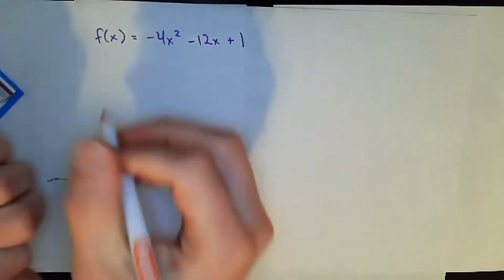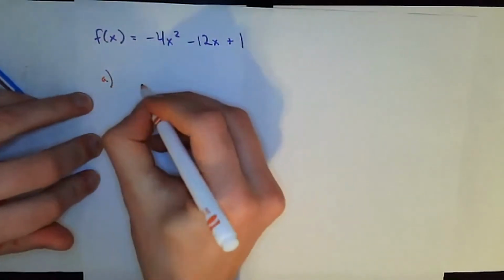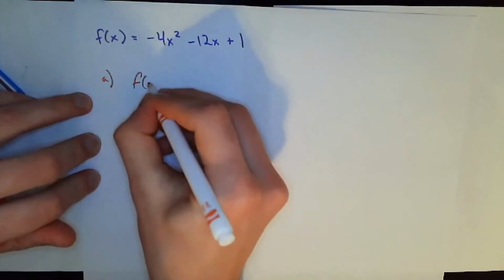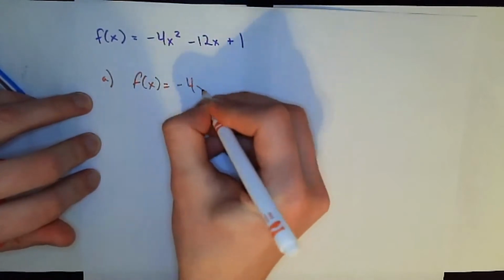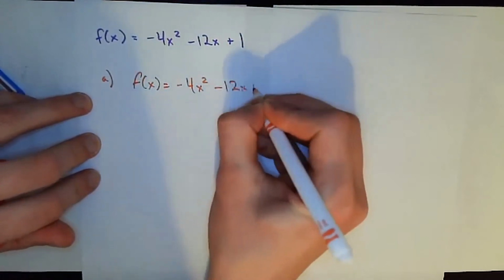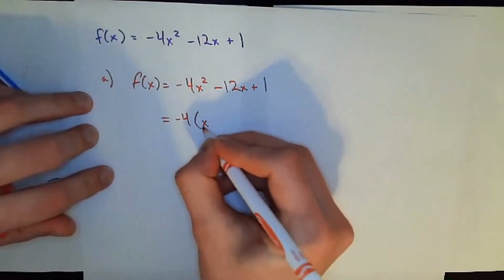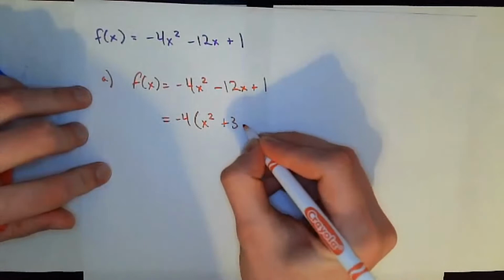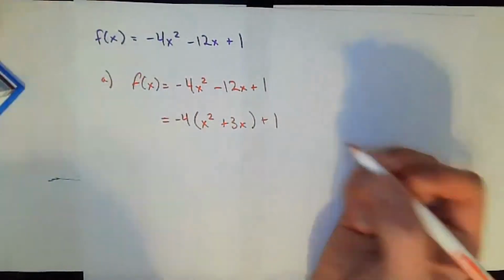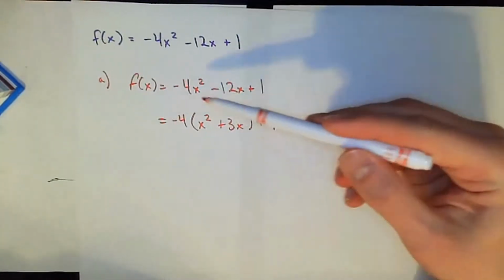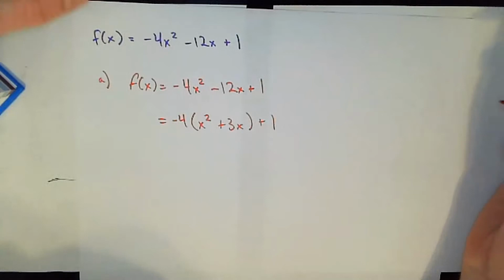First step, part A, standard form. I'm going to go through this quick. First, I'm just rewriting it. The first thing I'm going to do is pull out a negative 4, factoring out a negative 4 just from the first 2 terms. Remember, just from the first 2 terms.